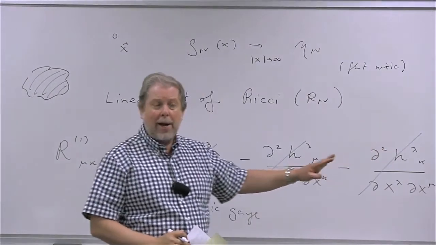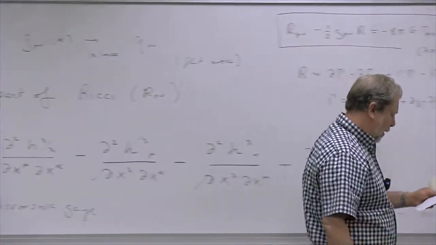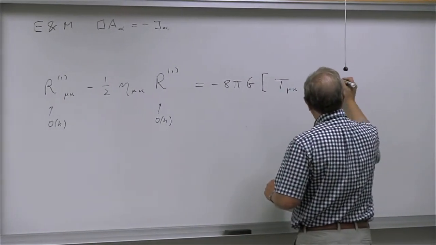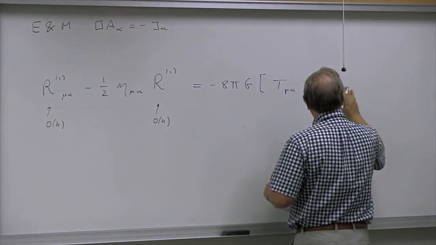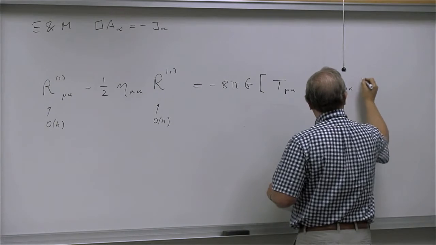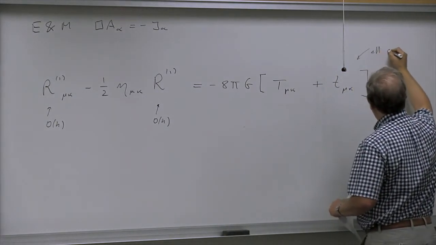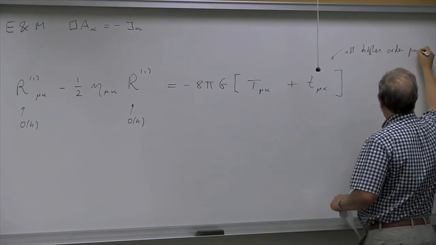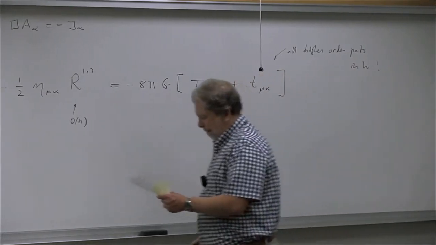Well, we have to add everything that we've left out to this stage, which is the higher order parts. So the higher order parts, we're going to call them T mu k. So all higher order parts in h.